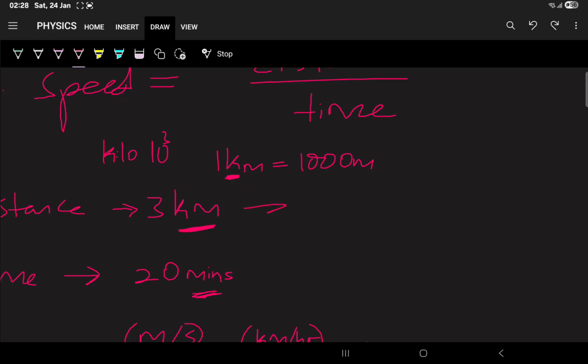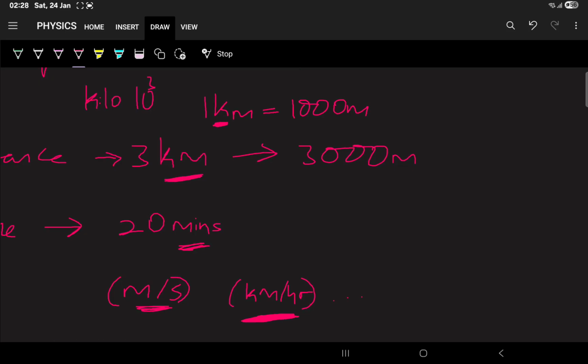Therefore 3 kilometer is going to be 3000 meters. Now in the time, I want to convert it to seconds. 60 seconds make 1 minute. I have 20 minutes. I want to convert it to seconds, so I'm going to multiply by 60.